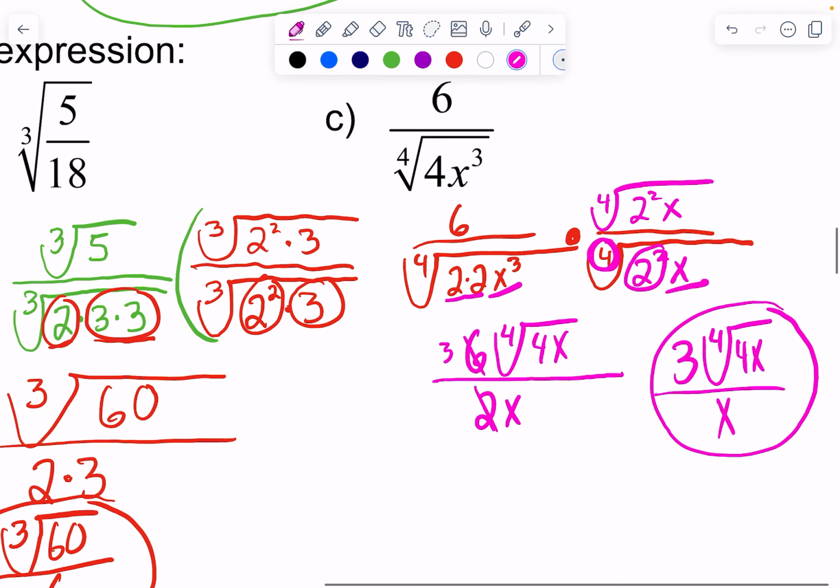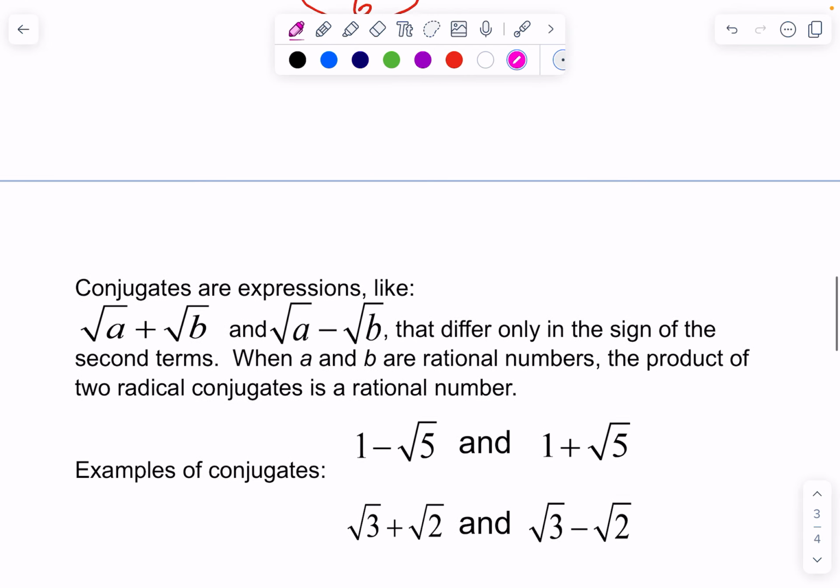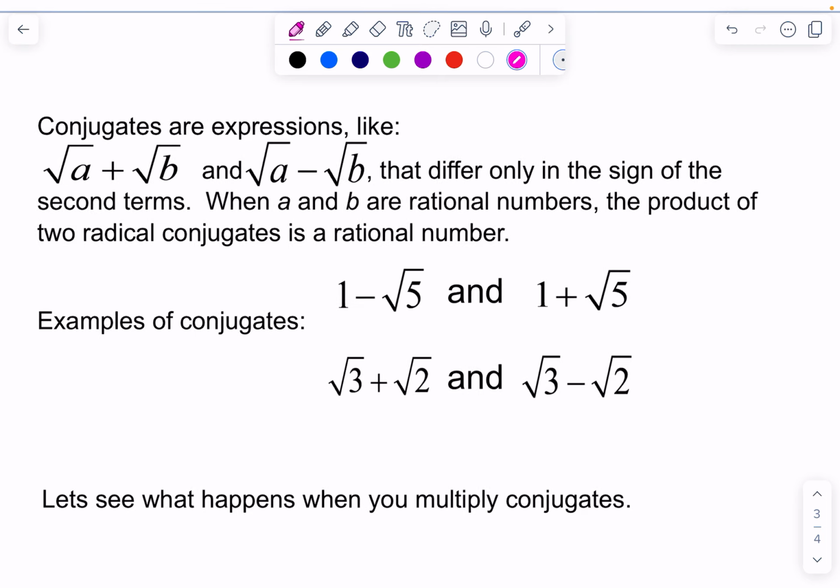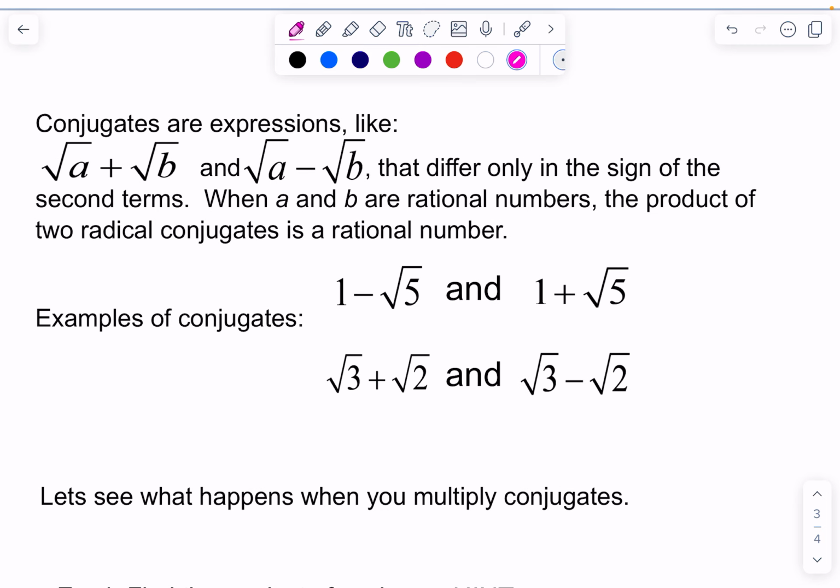All right. Next, conjugates are expressions such as the square root of a plus the square root of b, or the square root of a minus the square root of b. These guys are conjugates.